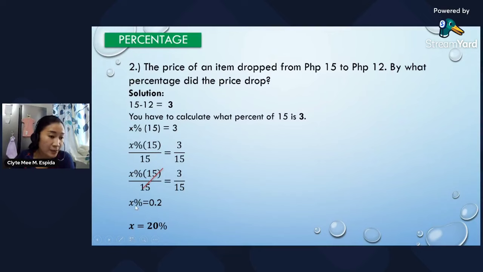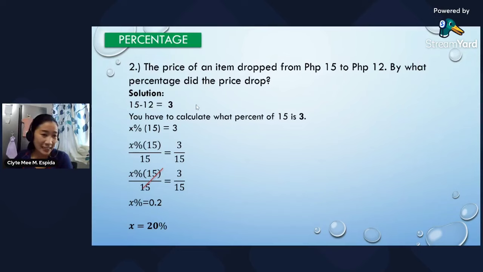And that is x percent is equal to 0.2. This is still in decimal. Writing this in percentage, baliktarin natin yung process. So moving it 2 decimal places towards your right, 0.2 is equal to 20%. Oh, very good. So kahit walang choices, you have the answer. So you got it right. Congratulations.